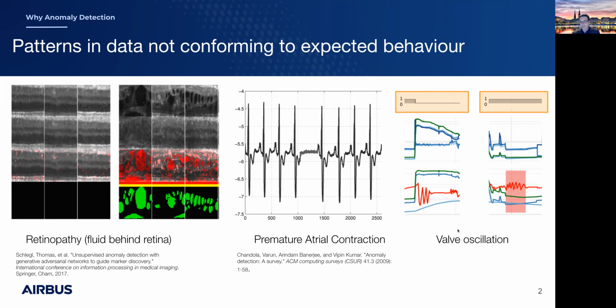This is an oscillation in a valve that should not be there. If we detect it on time, we can perform maintenance and save money. Anomalies are so important because if you make the right decision after detecting one, you can save money for your company, save lives, or at least predict the future evolution and see that something might break.